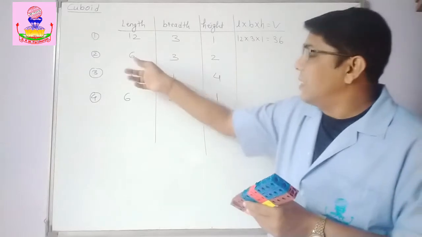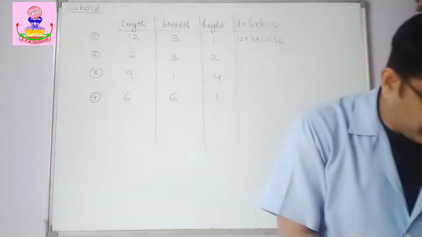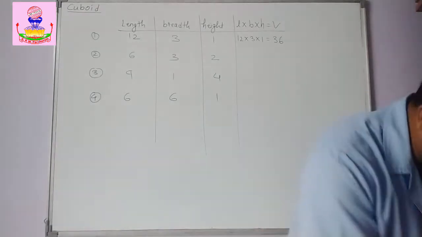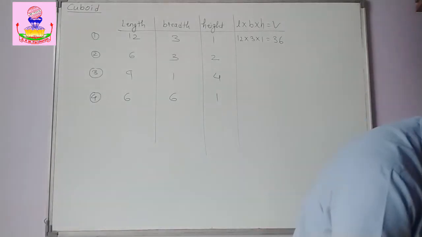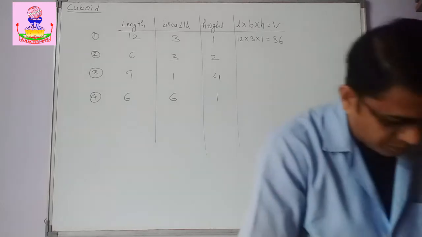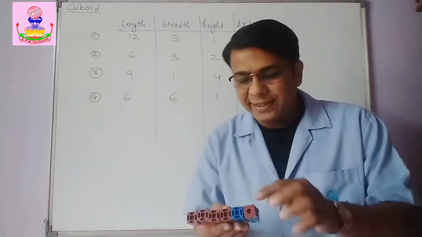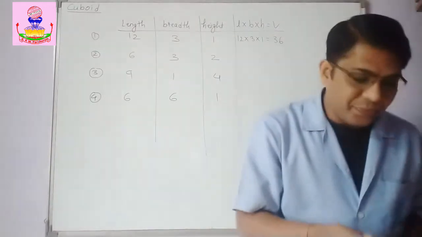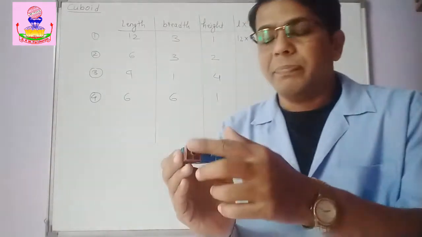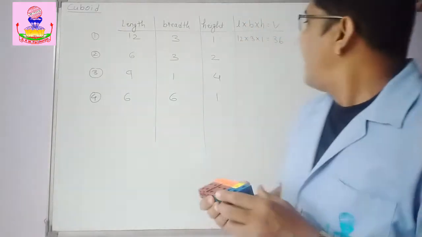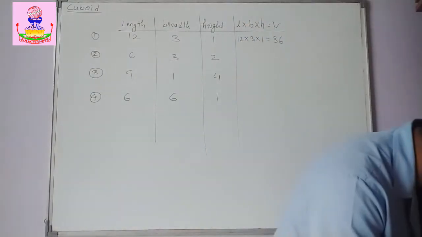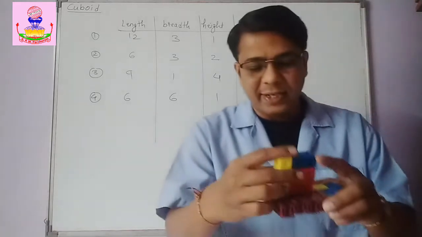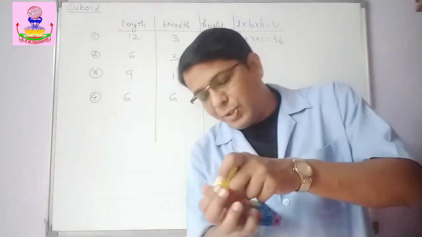Now, next is length is 6. So length I have to get 6. Now length is 6, then breadth is 3, and height is 2. So what I can do, I can rearrange this like this.